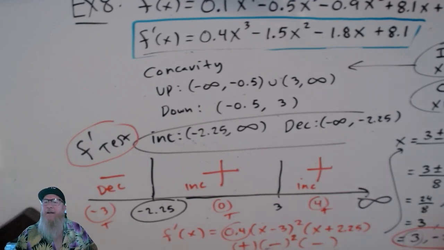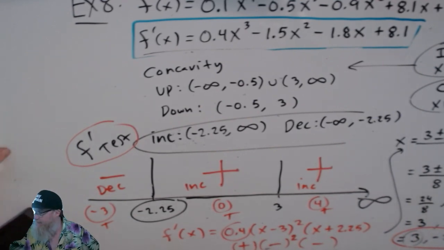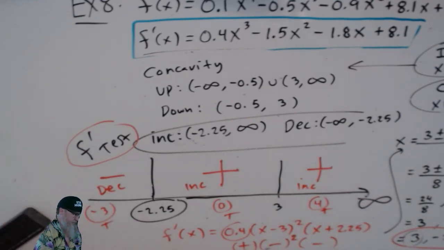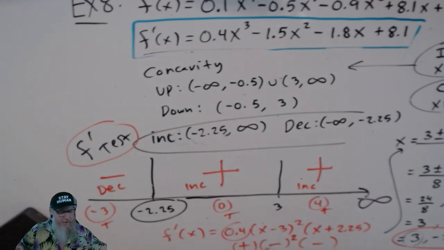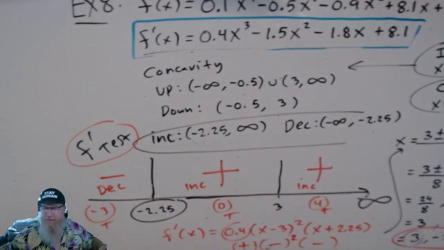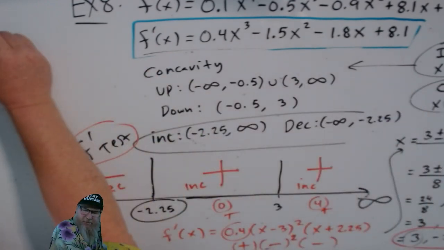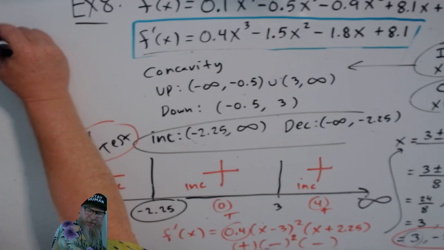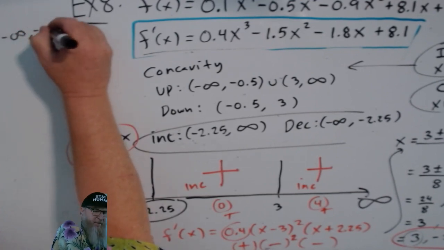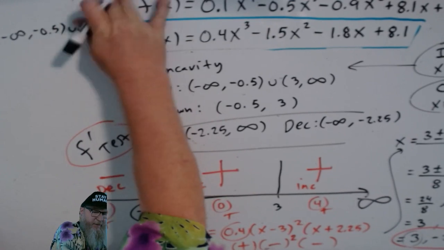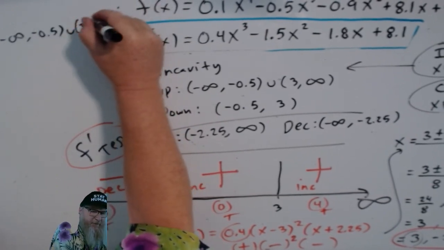All right, I think we got everything we need. We're ready to draw the graph. I'm going to have to cover some of this stuff up, so let's just remember. Up: negative 0.5 union 3 to infinity.